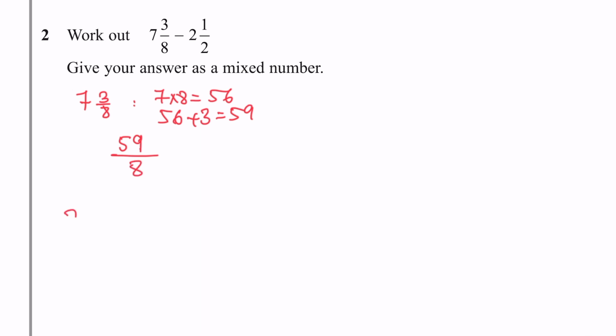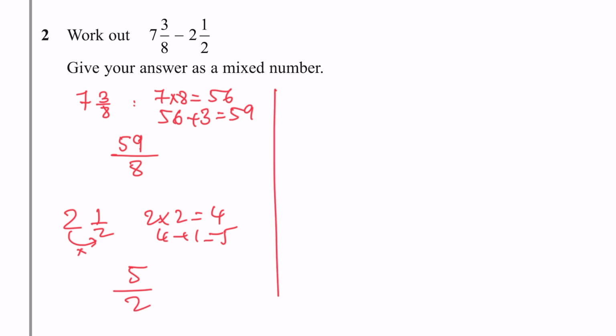Right, the next number, 2 and a half. So you do 2 times 2 is 4. And then 4 add 1 is 5. And then this will now be 5 over 2. All right, so let's subtract them now. So I have to do 59 over 8 minus 5 over 2. To subtract fractions, you need to put them over the same denominator.